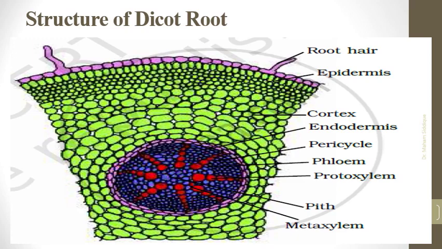The last layer of the cortex is called endodermis. It is of universal occurrence in the roots. Endodermis is composed of one layer and has barrel-shaped cells as in the monocot roots, closely arranged without having intercellular spaces.